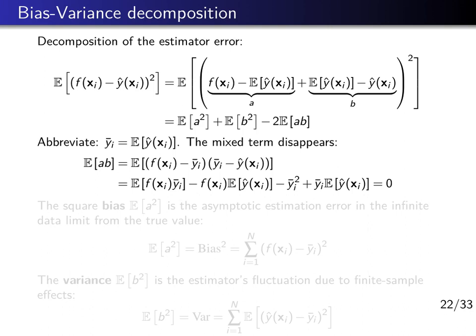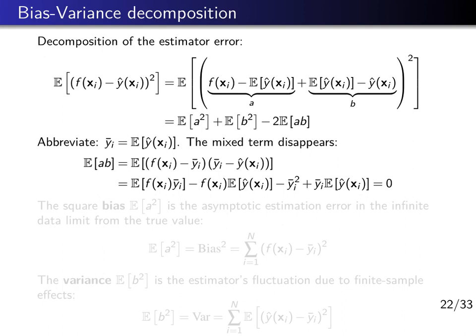Now we abbreviate the mean model prediction at xi with yi bar, and we can then show the following. So first of all, the mixed term, the expectation value of A times B, can be shown to disappear. If you look at the sum of these terms in detail, you will see that they add up to 0.